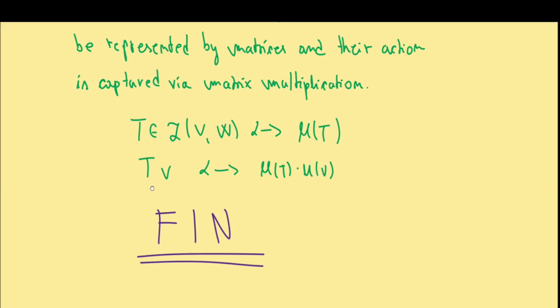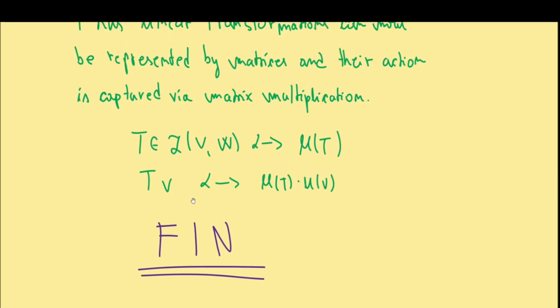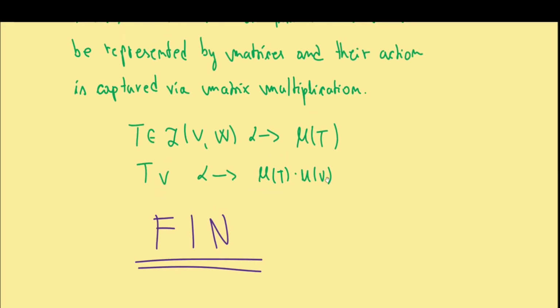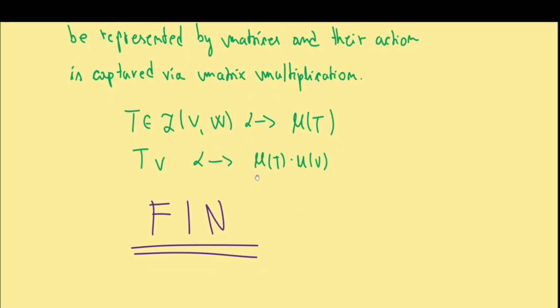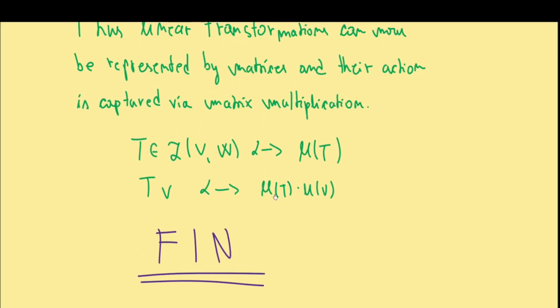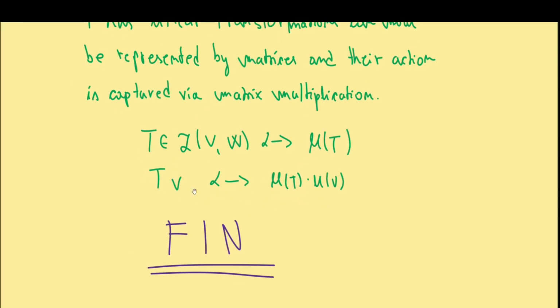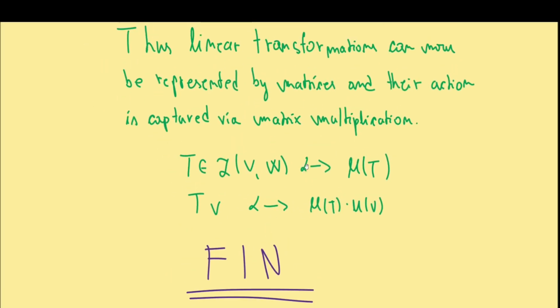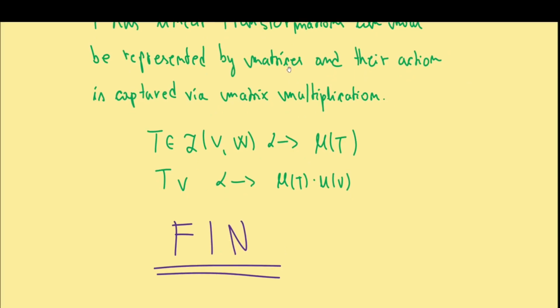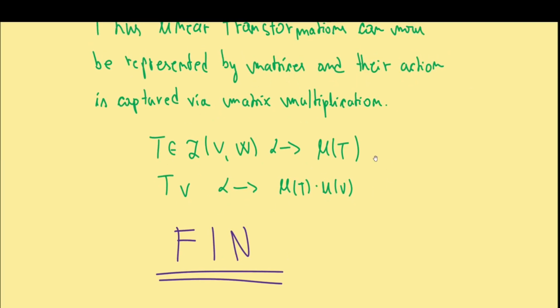And we've established that T acting upon V can be captured by matrix multiplication. So there's the correspondence here where this can be captured by the matrix of T acting upon the matrix of V. And yeah, that would be it for today. So those are matrices. The fundamental concepts of linear algebra are, again, vector spaces and linear transformations.